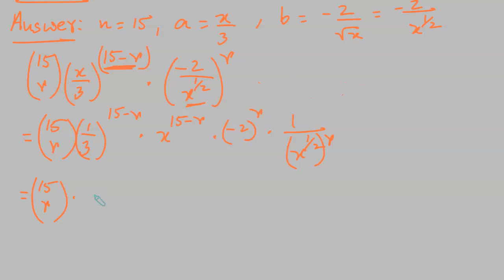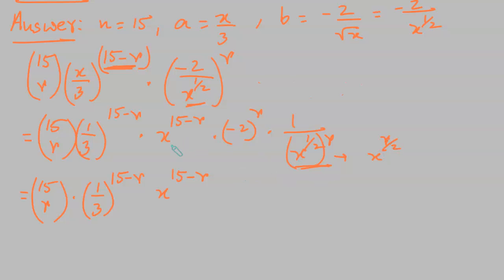So, 15CR and 1 over 3 whole raised to the power of 15 minus r, and this is x to the power of 15 minus r. And what is x to the power of half raised to the power of r? This part is x to the power of r over 2. Okay.